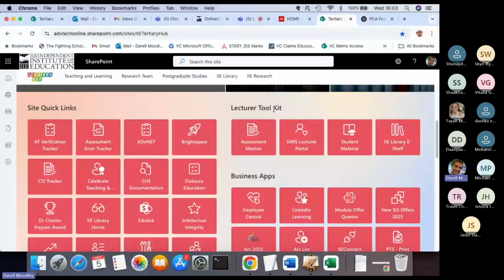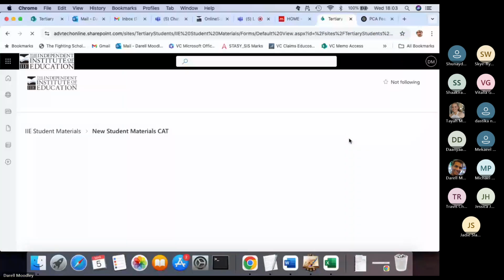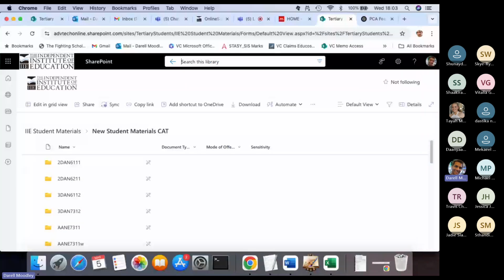If you click here, there's a bunch of folders that'll pop up. What you want to do is search for, I don't think it's case sensitive, but I'm just doing it anyway, 6221 and W. When you do that, you'll see a lot of things pop up.